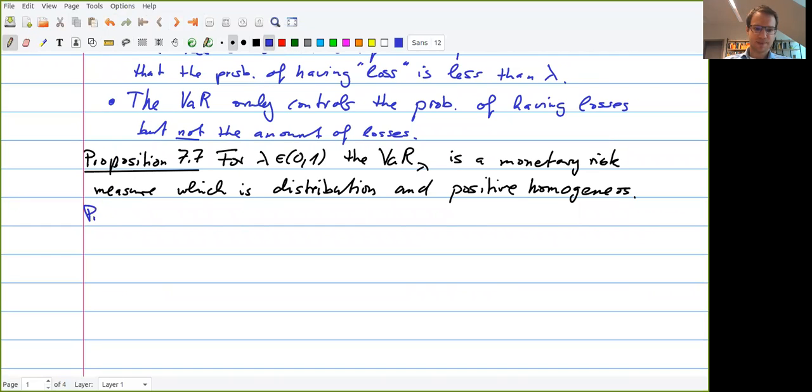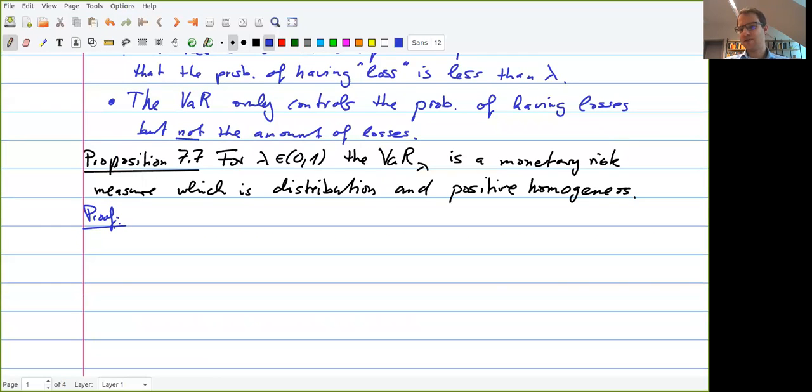Proof. Okay, what do we have to check if we want to show that something is a monetary risk measure? Well, there were two defining properties. The first one is monotonicity. So if my random variable gets larger, then my risk gets lower, right?